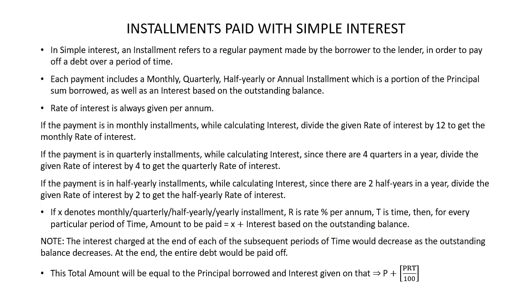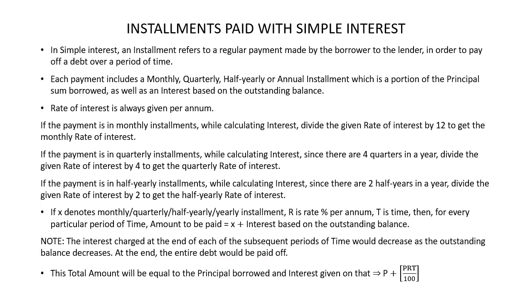So always for every particular period of time, the amount to be paid is the installment plus the interest based on the outstanding balance. Note that the interest charged at the end of each of the subsequent periods of time would keep on decreasing as the outstanding balance keeps on decreasing. So at the end, the entire debt would be paid off.